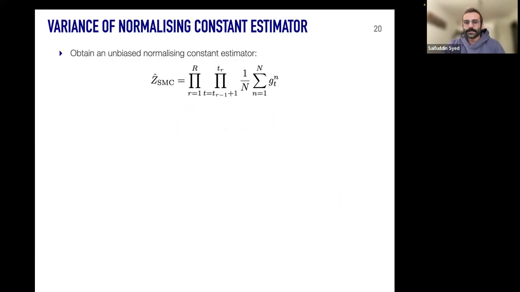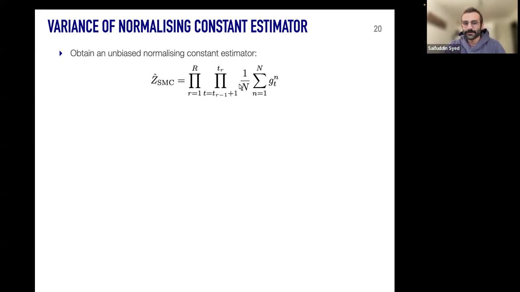One way to do that is by looking at the normalizing constant estimator. I'm not going to go into the details of how this comes about, but essentially you can look at the average of these incremental weights. Remember, G_n,t corresponds to the incremental change of weight that the nth particle goes through at iteration t.